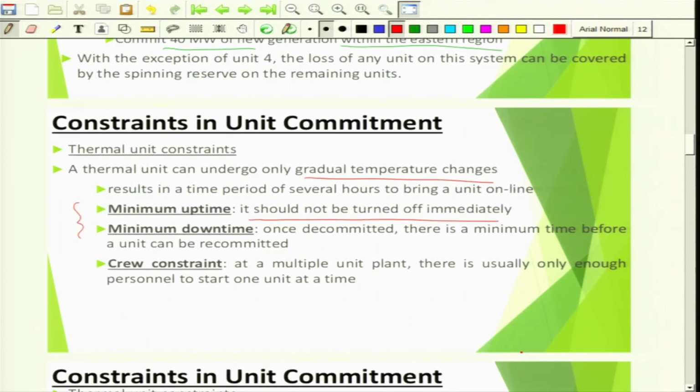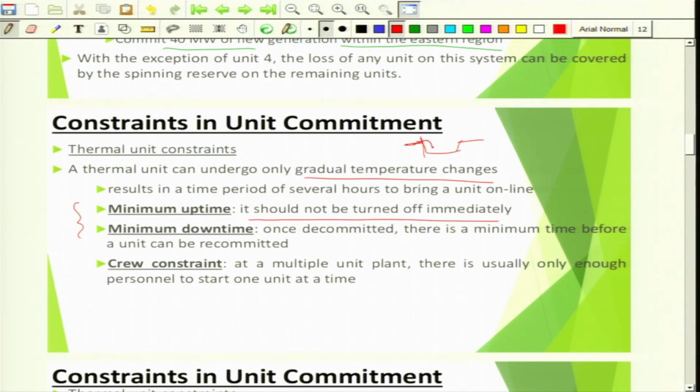Let us say this is the load profile which is coming down. You want to switch off the generator at this point of time, but your generator has some limitation, you cannot immediately switch it off, it takes some time to switch it off also.